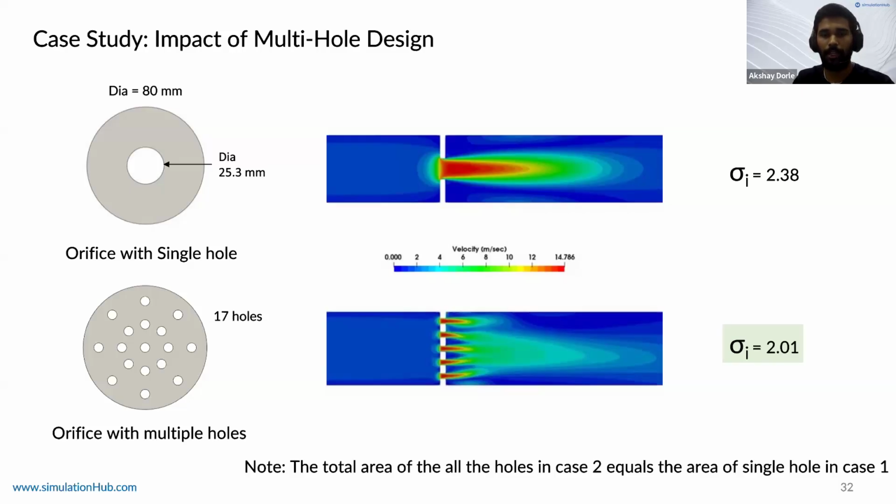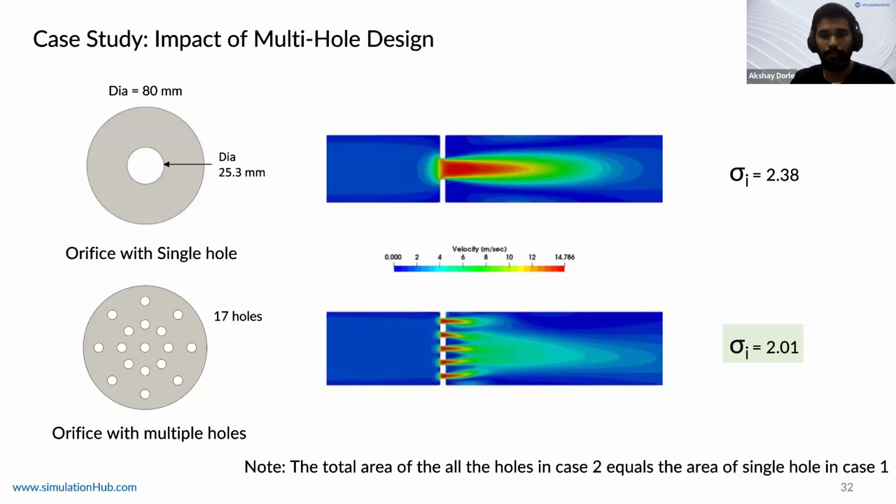When the same area is spread out over multiple holes, the pressure drop is gradual. As we saw in the previous slide, instead of the pressure dropping abruptly, it happens gradually across the holes for the same plate thickness. And that is exactly what we see in the incipient cavitation index as well.